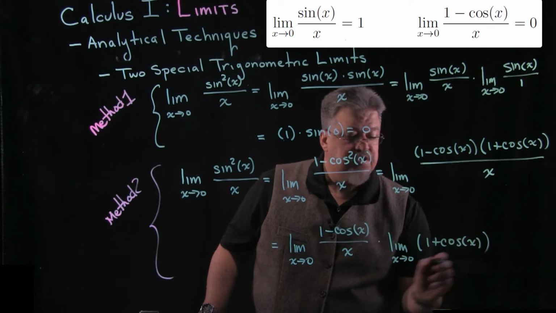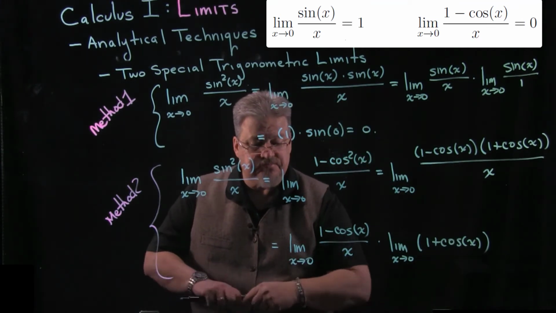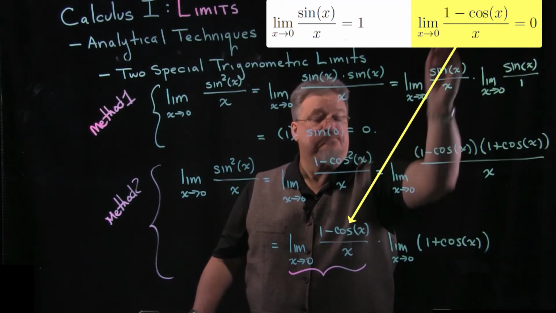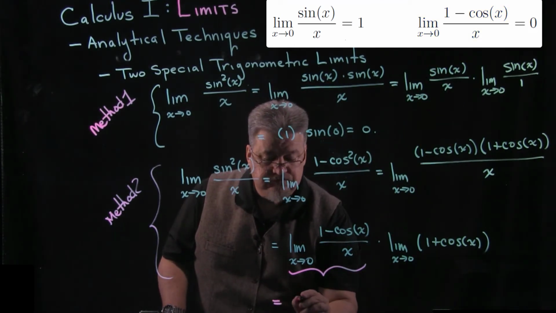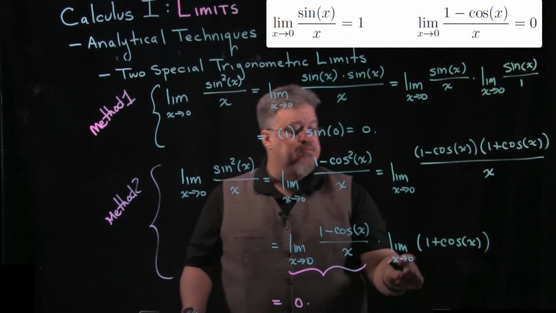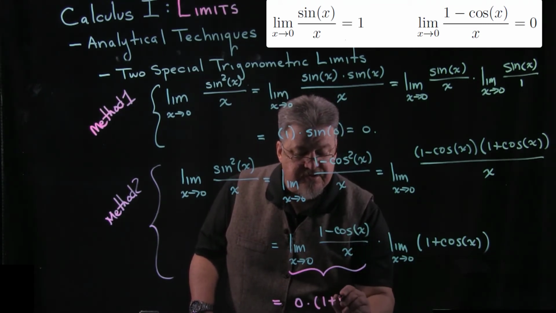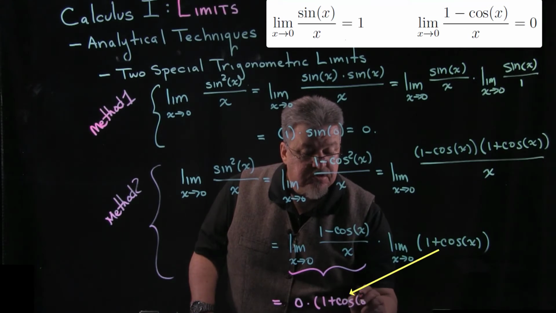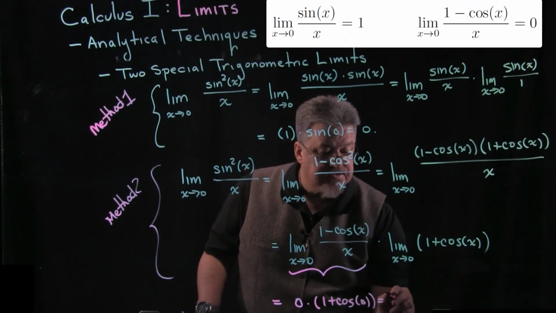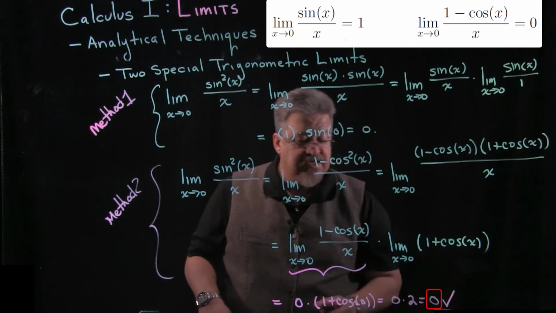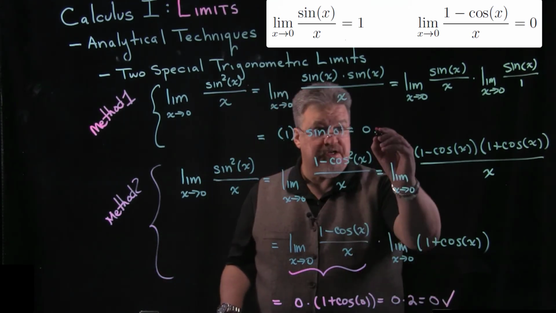All right, now this limit, the first limit, is equal to 0 from here. The second limit can be achieved by functional evaluation. This is just 1 plus the cosine of 0, and the cosine of 0 is 1, so this is 0 times 2, which is 0, which is the same answer that we obtained in the first case.